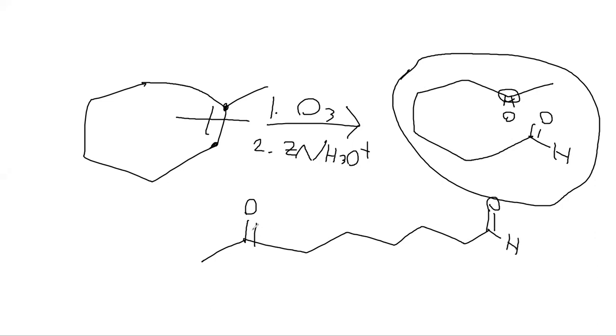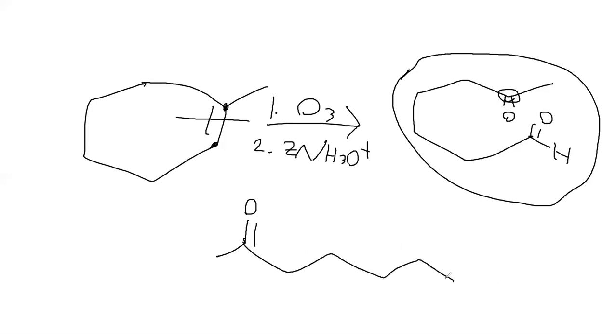Just make sure to count your carbons when you do, like I did. I had one too many and that would have been wrong. Okay, that's my bad. It's not as easy to count these when I'm doing it virtually. It's 3, 4, 5, 6, 7. So like I was saying, aldehyde and ketone.